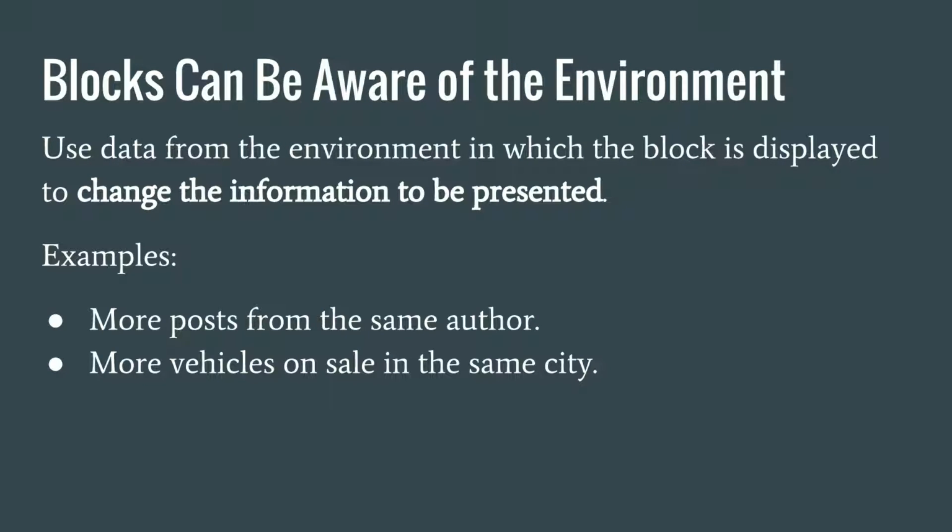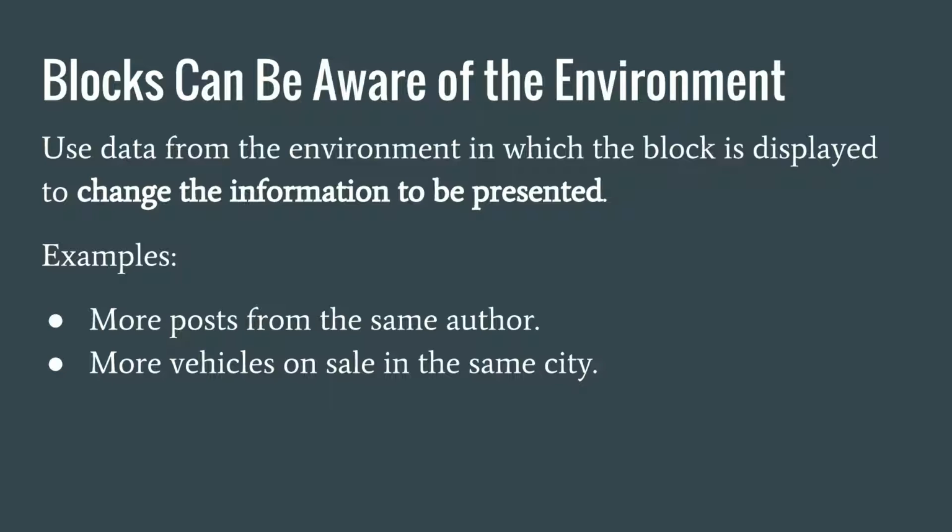Blocks can also be aware of their context. So they can use information from the page that they are going to be rendered on to modify the content that they are going to display. Like, for example, more posts from the same author. So when Drupal renders that block, it will say, okay, I'm going to be placed in this theme region, but I need information about the author to show more information related to that author.